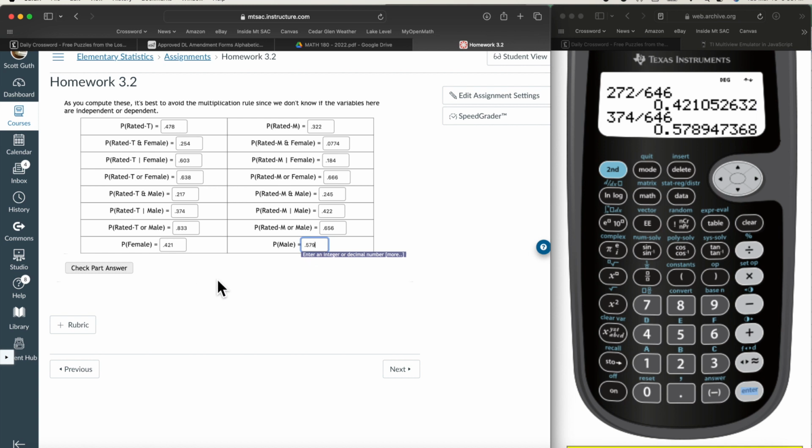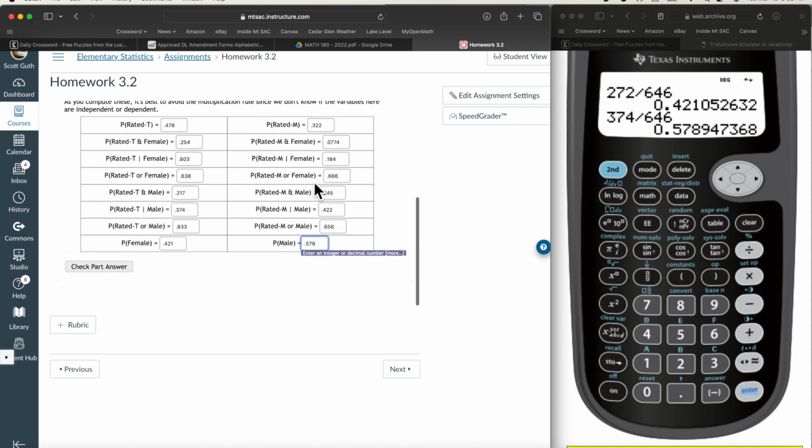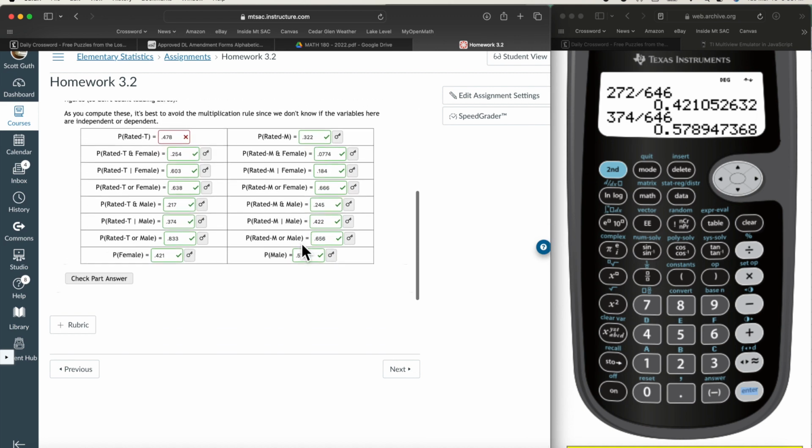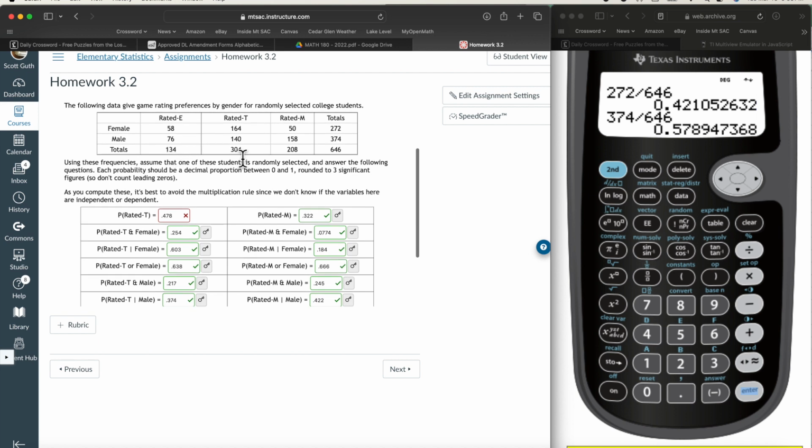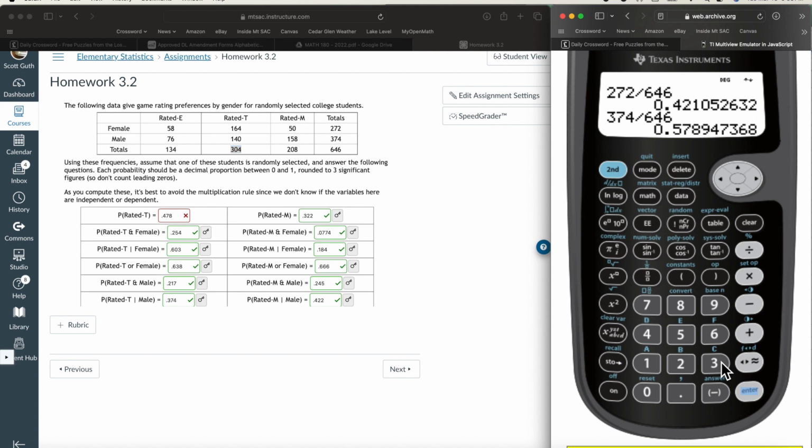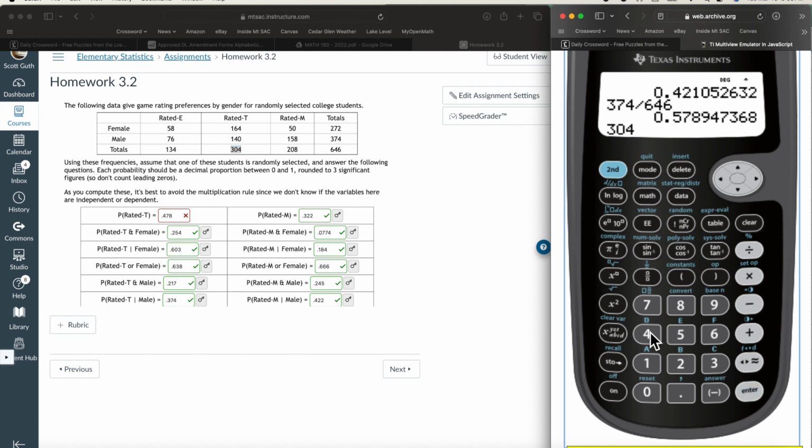Just going to look at it for a sec to make sure everything looks okay. I think everything looks pretty good. Now, I will fix anything that's wrong here. I had a lot of chances to make mistakes just now, so I'm going to check. And I got one bad answer. So the rated T here should have been 304 altogether out of 646. 304 divided by 646 is 0.470, and I did 478.